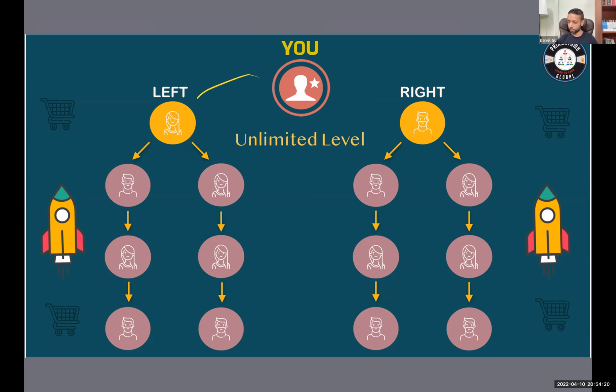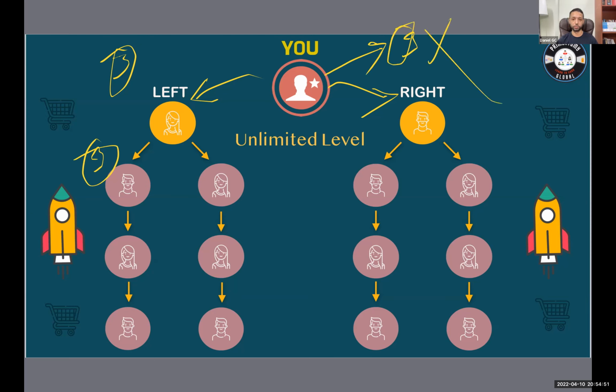This person is on your left and this person is on your right. When you find a third person, you will add that person here; this will be your person number 3. Like I said, we cannot make a third leg here. The system does not allow us to do that.